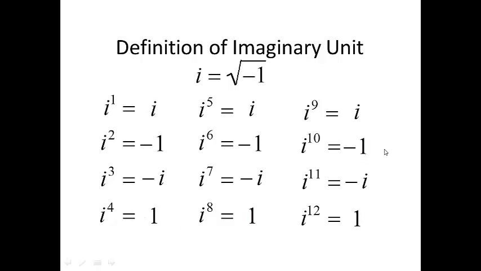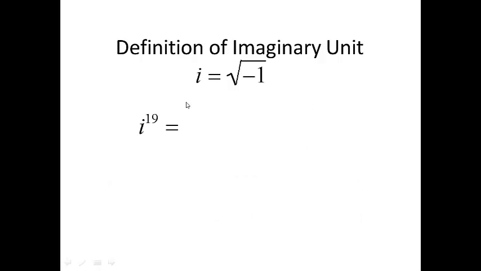So for i to the 21st, 4 goes into 21 5 times with a remainder of 1. So i to the 21st power is just i to the 1, which is i. How about i to the 102? Well, 4 goes into 100 25 times with 2 left over, so it would just be this one right here.